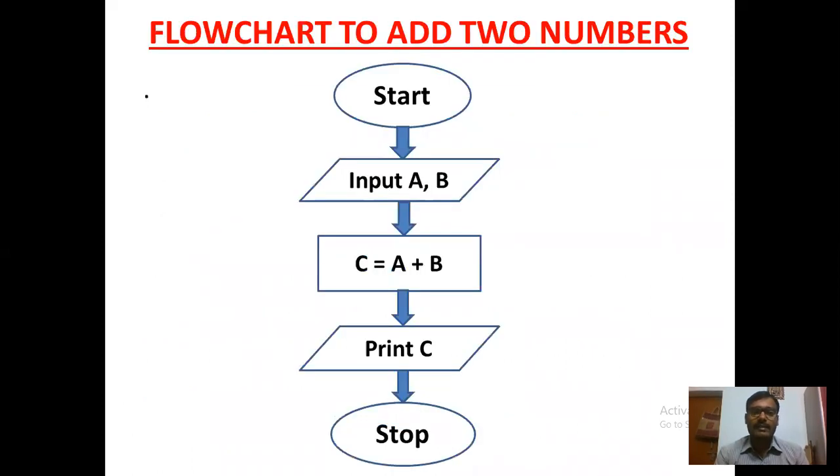You can see the example of a flowchart. This is the flowchart to add two numbers. Each and every flowchart begins with the start symbol and ends with a stop symbol. You can see this is the elliptical symbol and Start is written inside it.